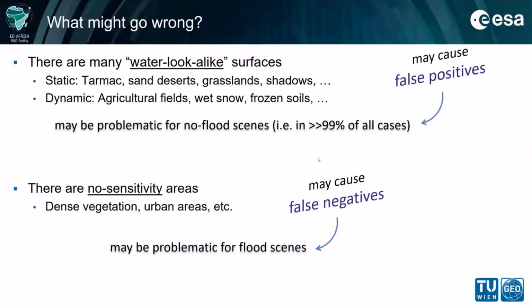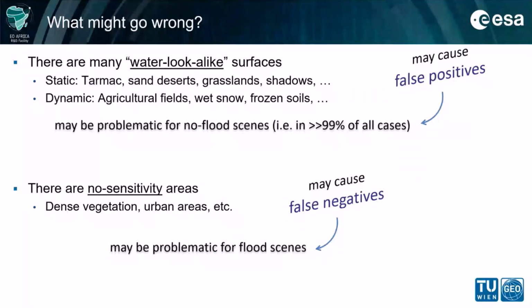Now, that seems very straightforward, but many things can go wrong. The first thing is that it's not just water that can show very low backscatter, but there are many water lookalike surfaces, like tarmac areas on airports. Sand deserts can have very low backscatter, as can grasslands during some parts of the year, or there can be radar shadows that lead to very low backscatter in the image.